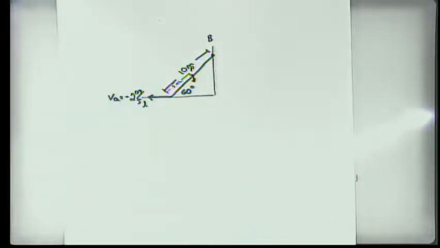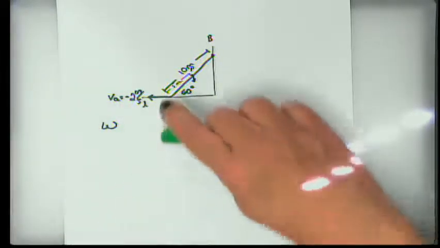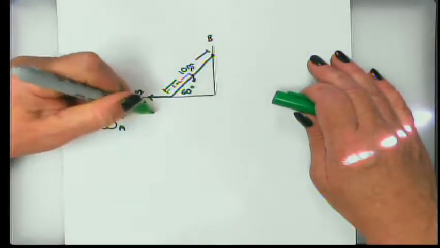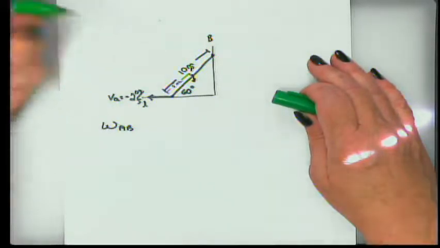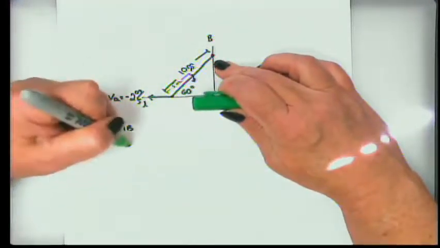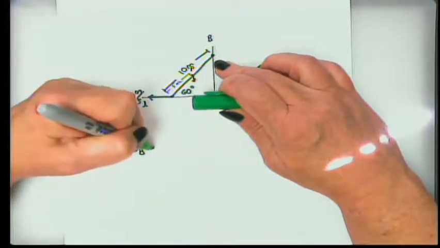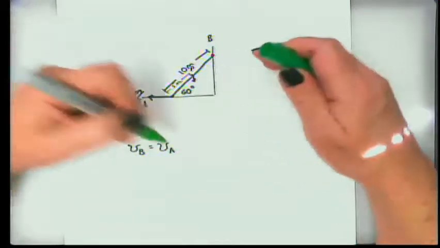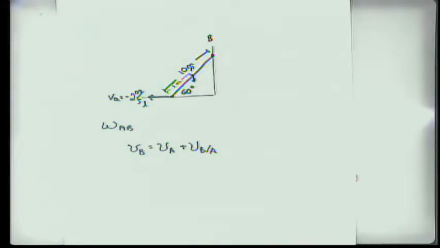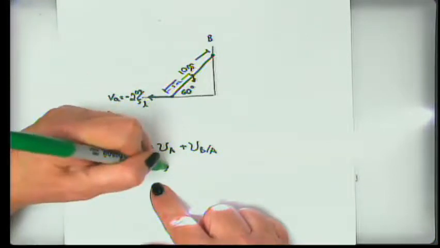All right, so the first thing we want to do is to find the angular velocity of the ladder. So we want to find omega of AB, or BA. All right, so what do we know about this point B? Well, we can say that the velocity of B is going to equal the velocity of A plus the velocity of B with respect to A. Okay? And we know that this is minus 2I.